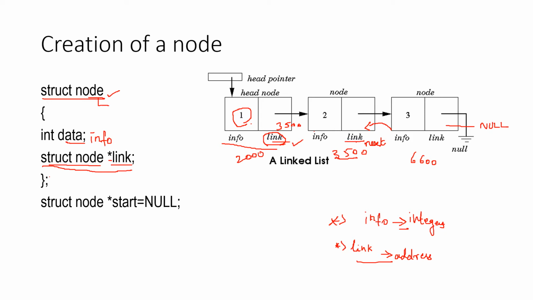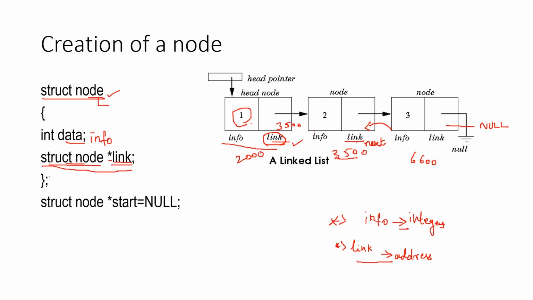The data type for the data field is integer, since I am going to store integer type values in it. And link is the field which is going to refer to another node. That's why I have written it as struct node. Then you can close the curly braces and put a semicolon.